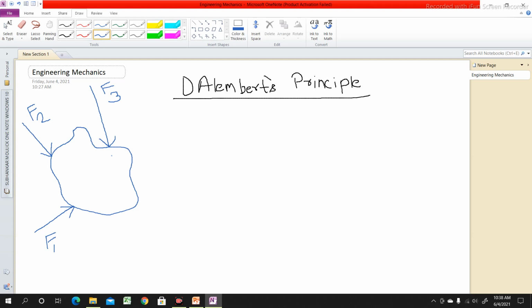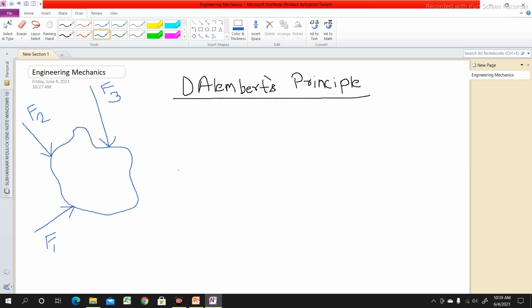Suppose due to the external forces F1, F2 and F3, when we have taken the resultant of F1, F2 and F3, that resultant force, say F, is making this body move.